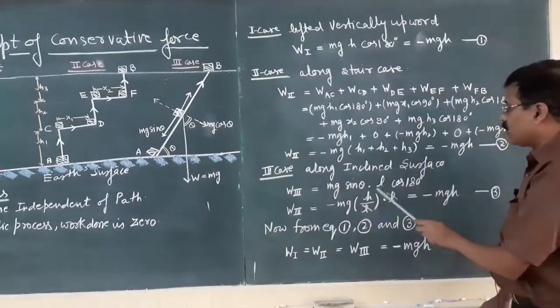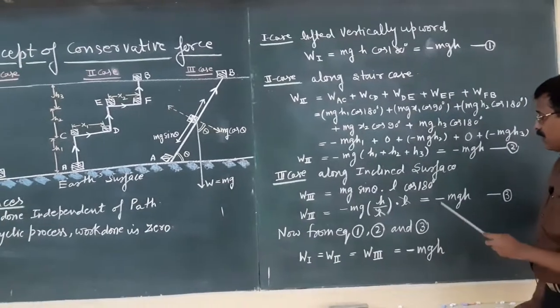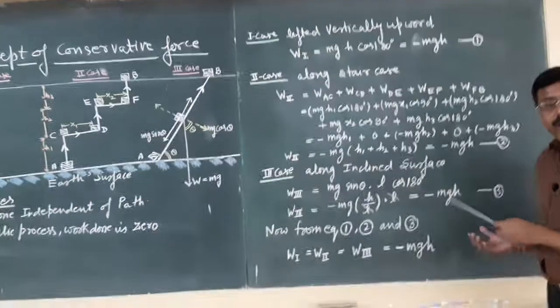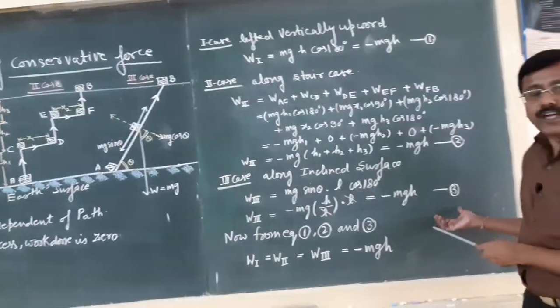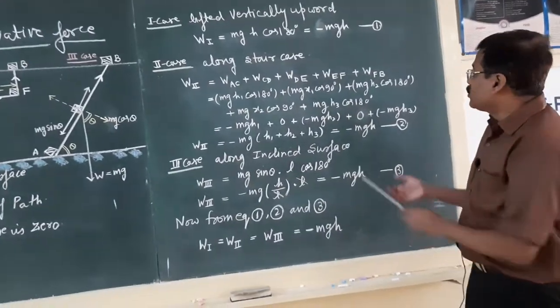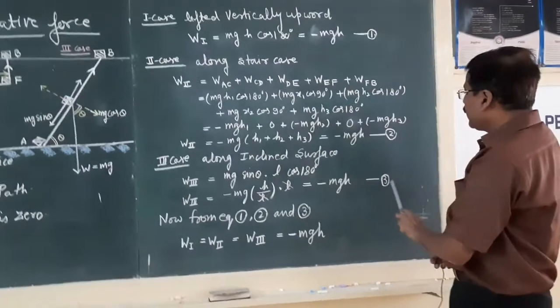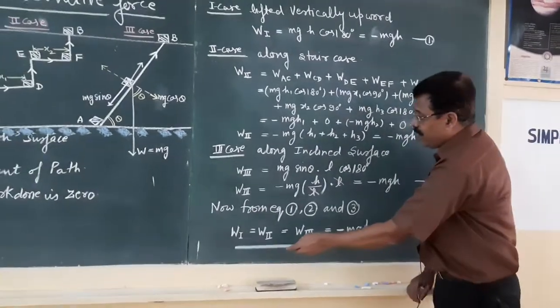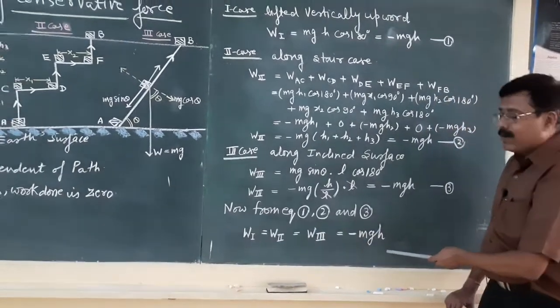So sin theta is equal to h by L, L cancels, minus mgh. Again you find in the third case the amount of work done is the same, that is minus mgh. If you consider equations 1, 2, 3, you will find the amount of work done is the same, minus mgh.